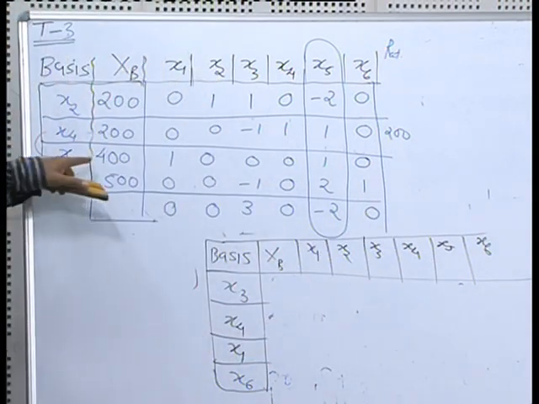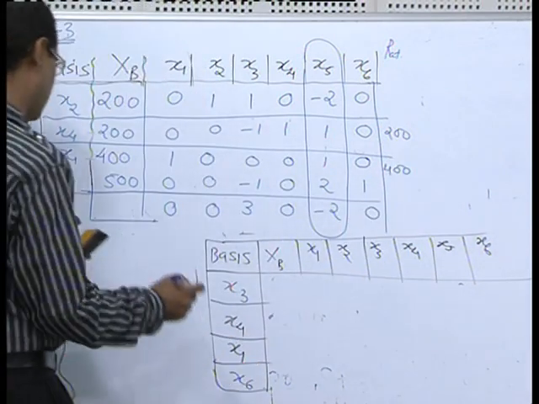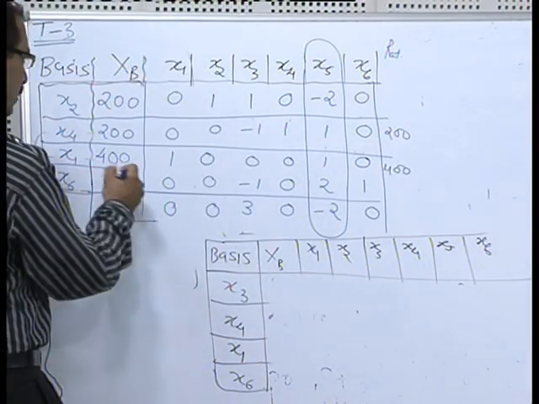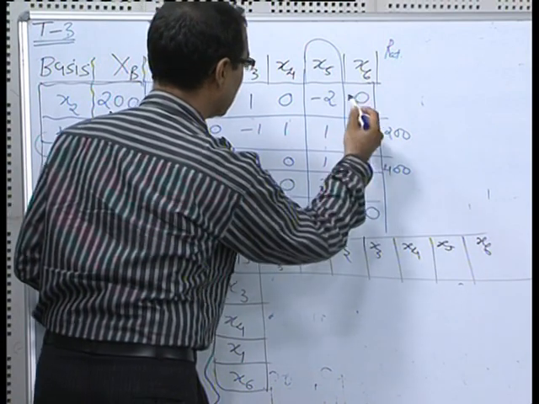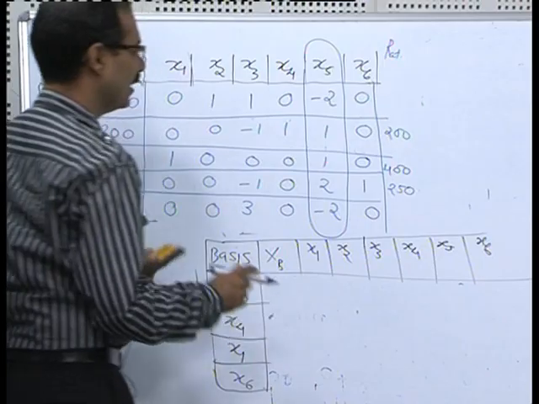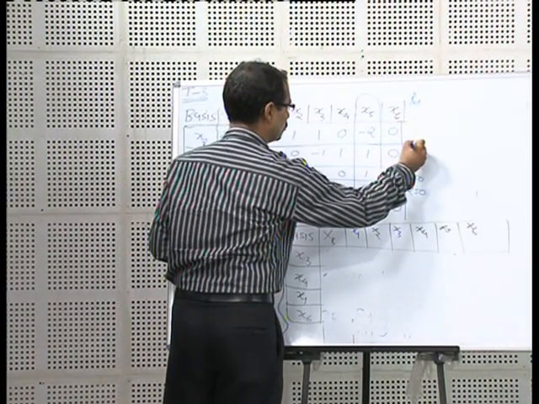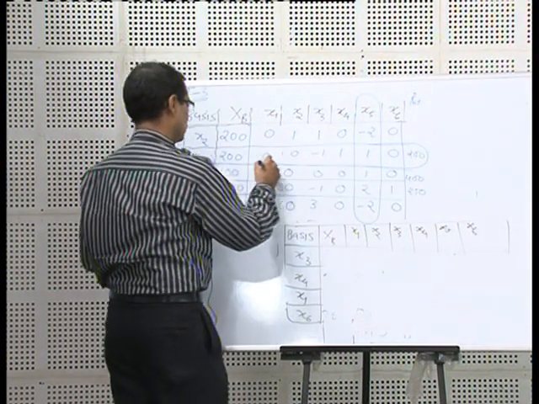Then 400 divided by 1 is 400, and finally 500 divided by 2 is 250. We can see that 200 is the least positive number, so that row is selected.